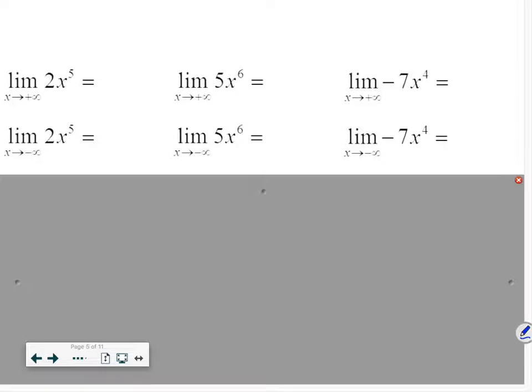So to the right, what's happening? It's rising. So our limit towards infinity is infinity. To the left, what's happening? It's falling. So the limit towards negative infinity is negative infinity because we're falling.